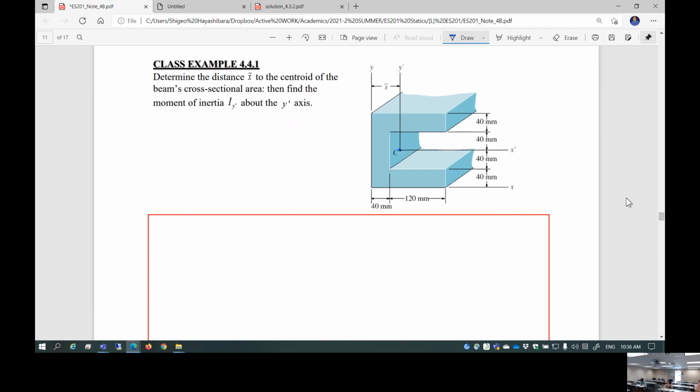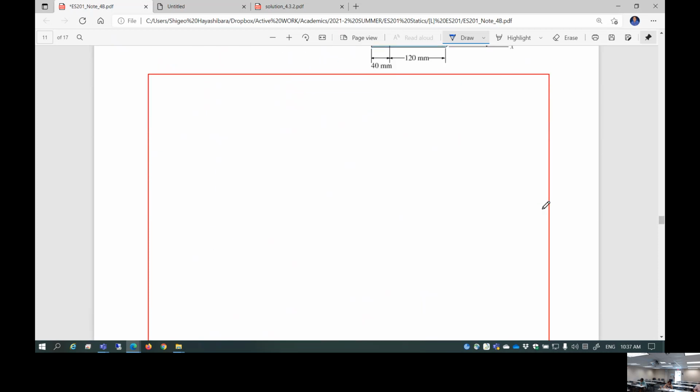First of all, a table to determine the location of the centroid. I think you did it already. And then using that table, let's determine the moment of inertia. So I'm going to use two tables to solve this problem. Let's begin with a sketch. This is the given structure.